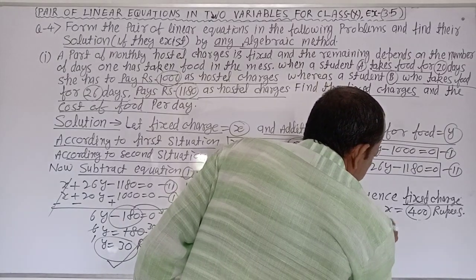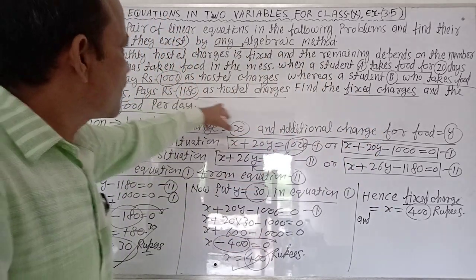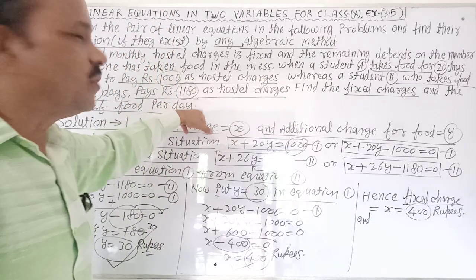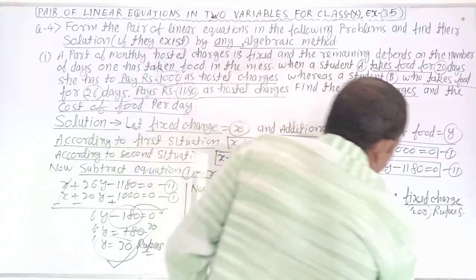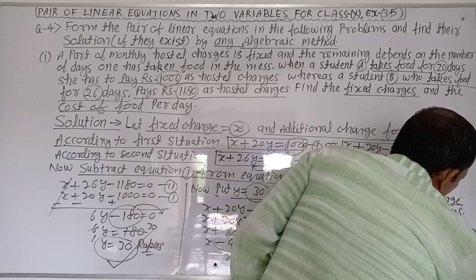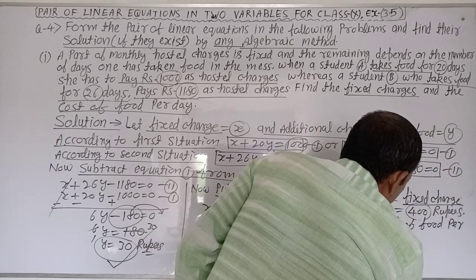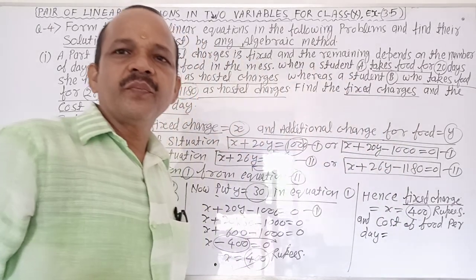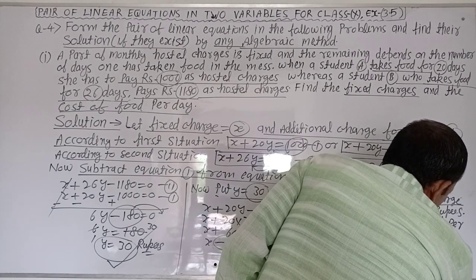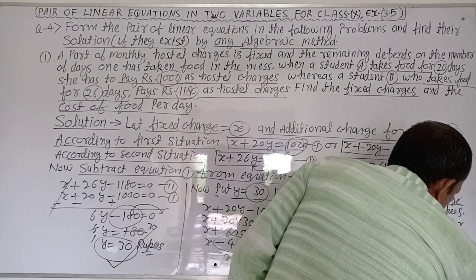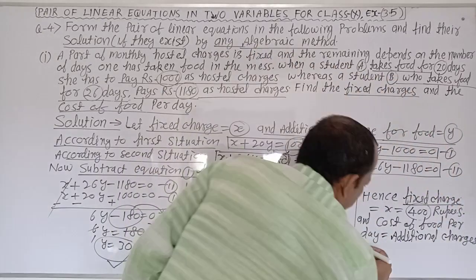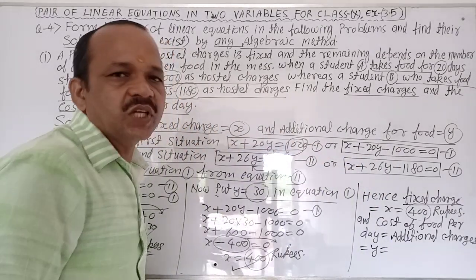And here cost of food per day, cost of food per day equal to additional charges, charges equal to y equal to 30 rupees.